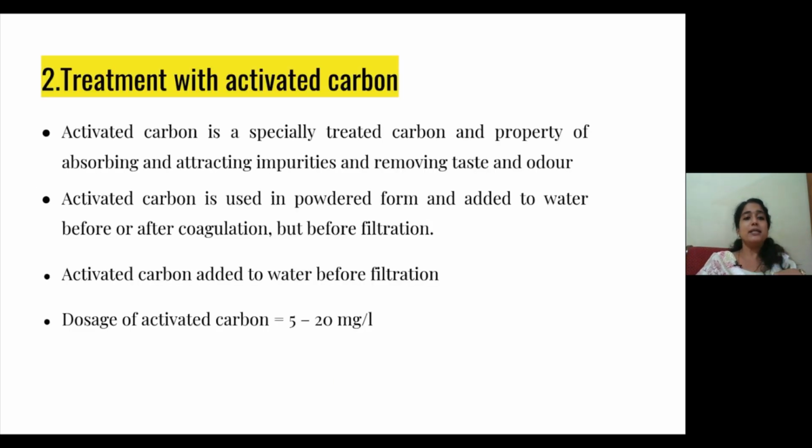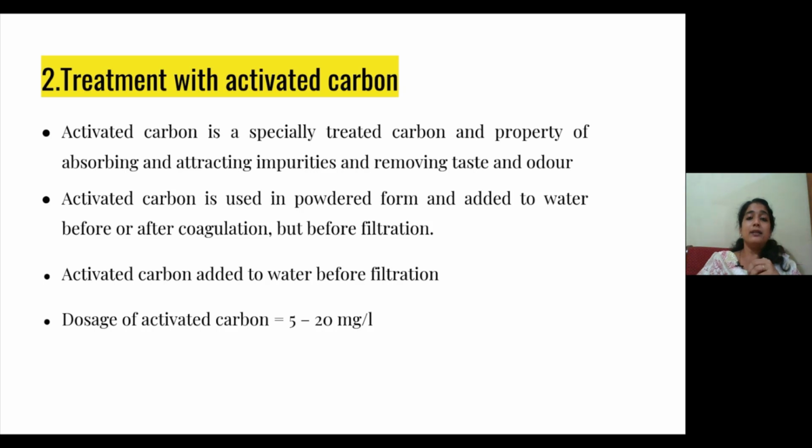The next treatment is treatment with activated carbon. Activated carbon is a specially treated carbon which has the property of absorbing impurities, absorbing gases, and removing taste and odor from water. The activated carbon is used in a powdered form, which is mixed with water, and the water will be passed through this activated carbon layer.